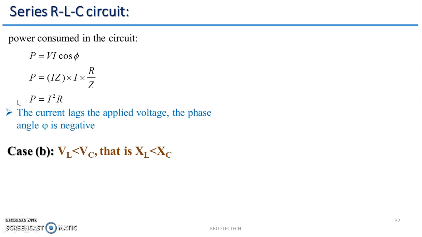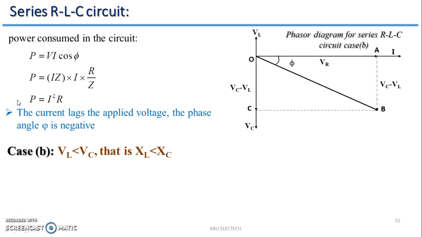VL less than the VC. So in this case, XC is larger than XL. In the first case the triangle was on the top side, in this case the triangle is on the bottom side, because VL is smaller and this is the total VC.